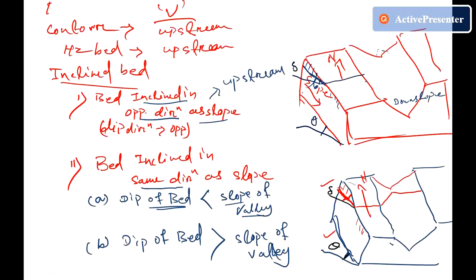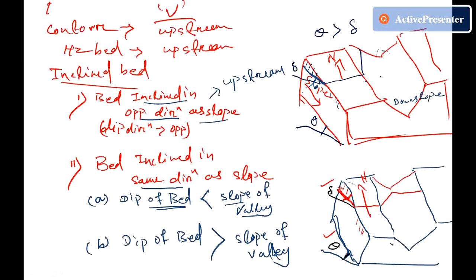This is your dip. So theta is greater than delta in this case. The slope is greater than the dip of the bed, so you find the bed in the northern direction. You have to move towards north in the deeper region.